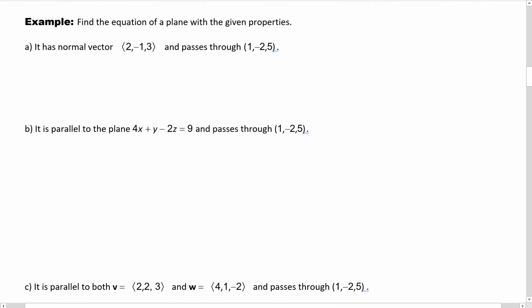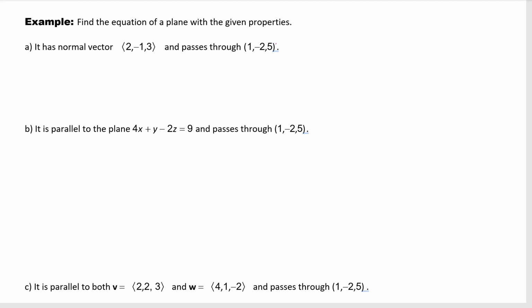Find the equation of a plane with the given properties. It has normal vector (2, -1, 3) and passes through (1, -2, 5). Keep in mind the normal vector gives the coefficients.